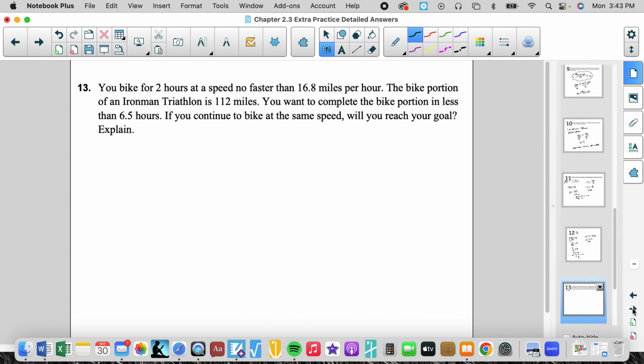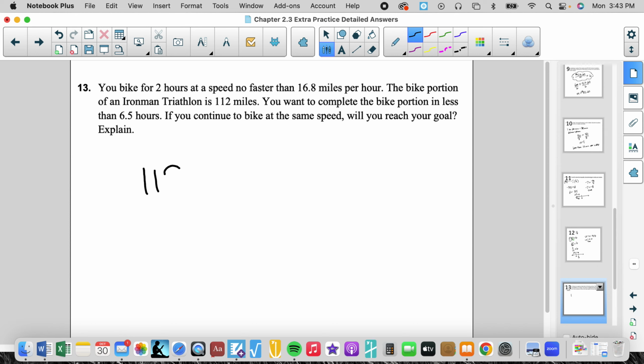You bike for 2 hours at a speed no faster than 16.8 miles per hour. The bike portion of an Ironman triathlon is 112 miles. You want to complete the bike portion in less than 6.5 hours. If you continue to bike at that same speed, will you reach your goal?